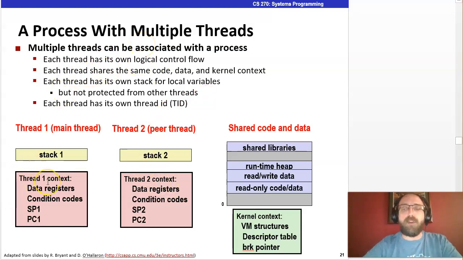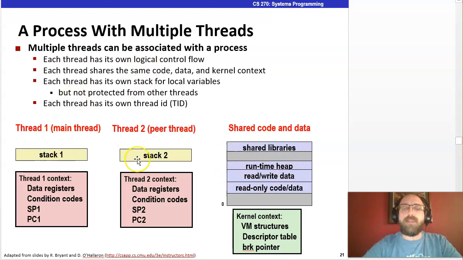From each thread's point of view, it's executing one instruction and then another and then another. Each thread has its own stack. That is, each thread has its own set of local variables, so that if they're calling different functions or calling the same function, those local variables don't step on each other's toes. But the threads share the same everything else.